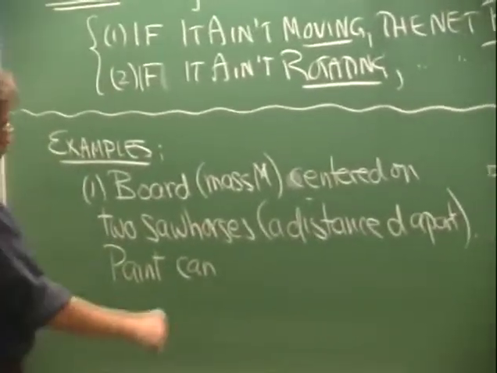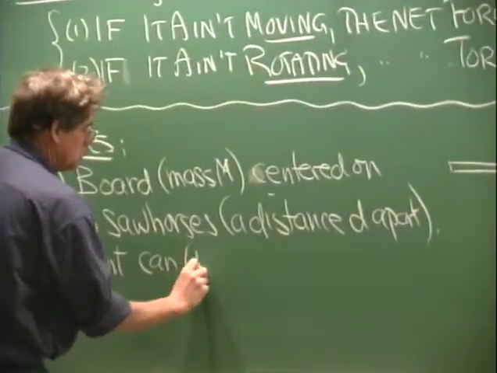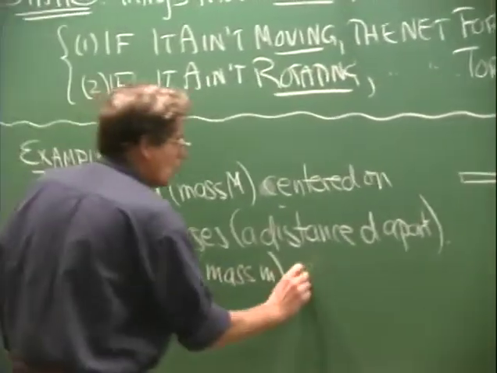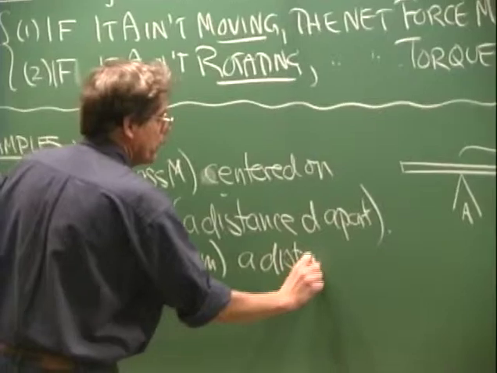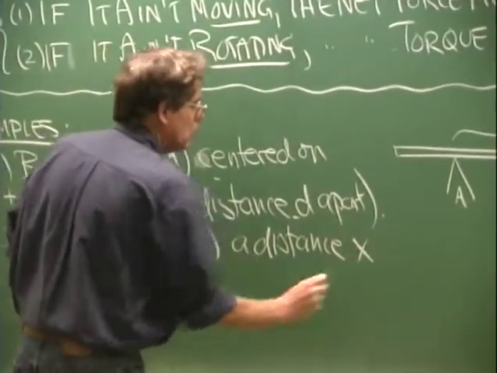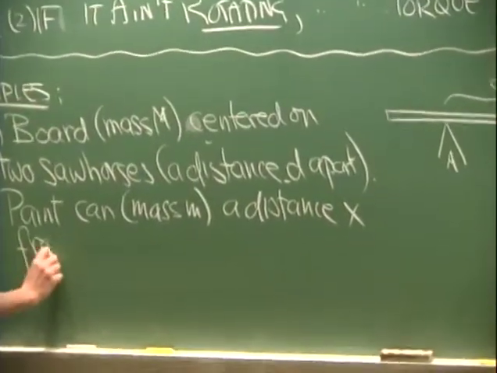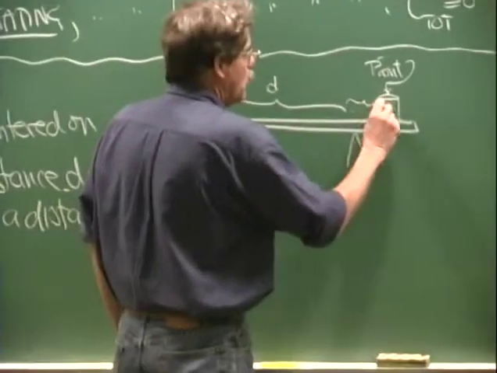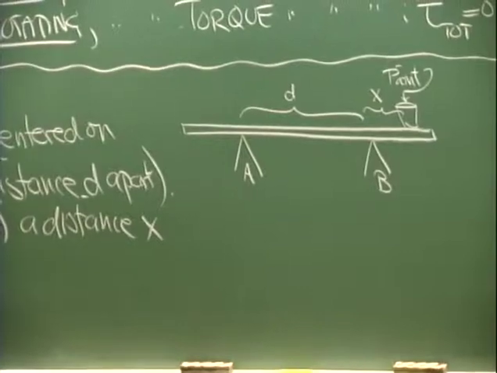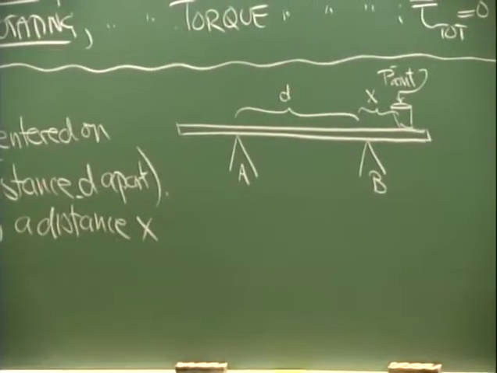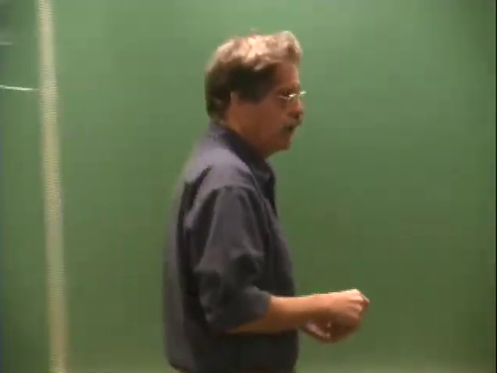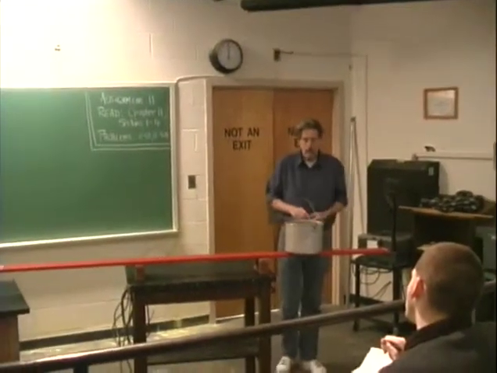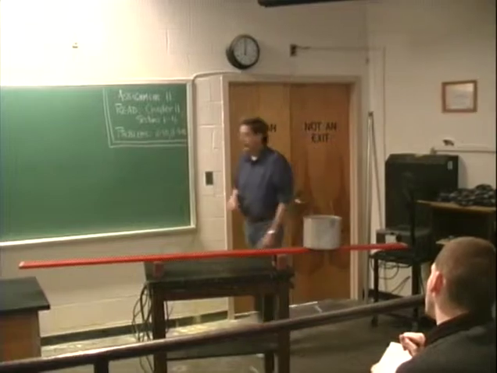That paint can has mass m. It's a distance X from the right-hand sawhorse there, sawhorse B. Question: how far out can that paint be before the whole thing is going to tip over?